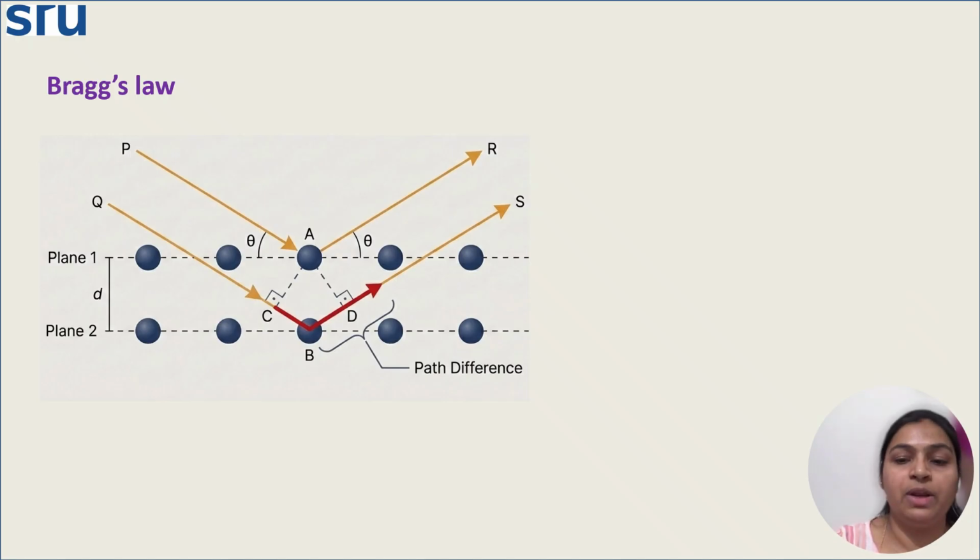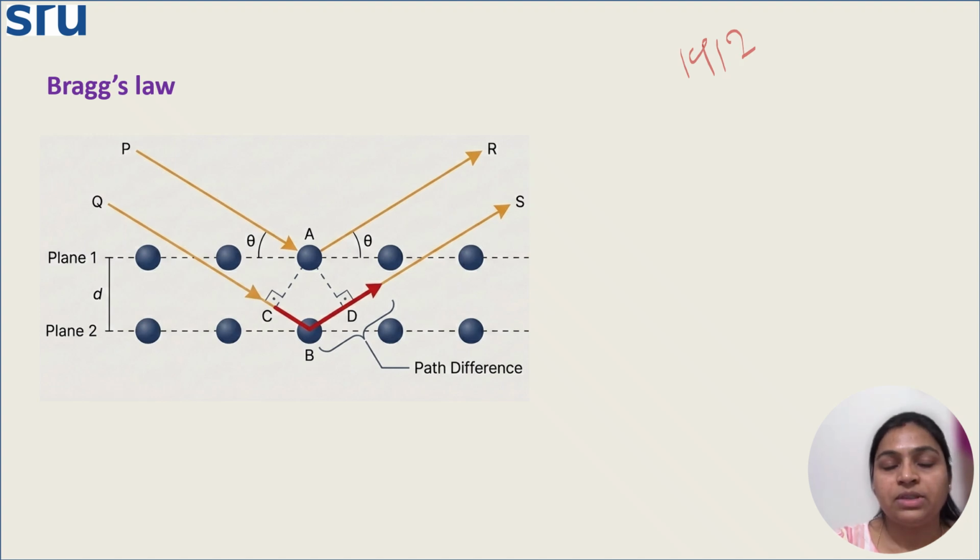Before going to problems, what is Bragg's law? We already discussed this in detail. In 1912, W.H. Bragg and W.L. Bragg discovered the famous and beautiful law of X-ray related to the d-spacing and wavelength.